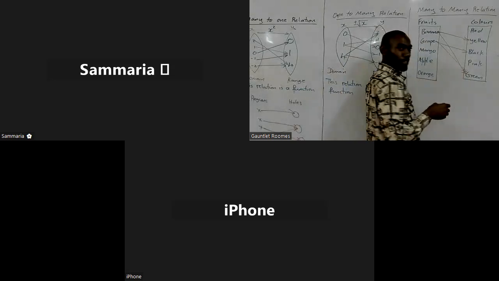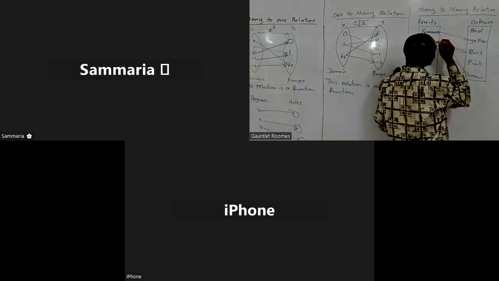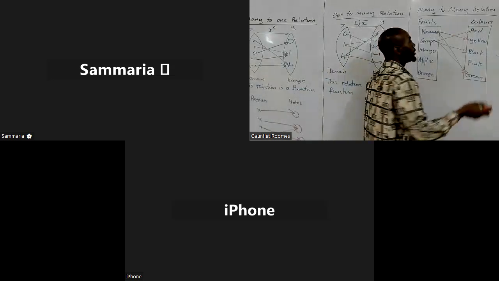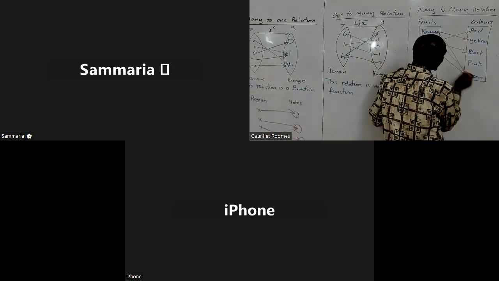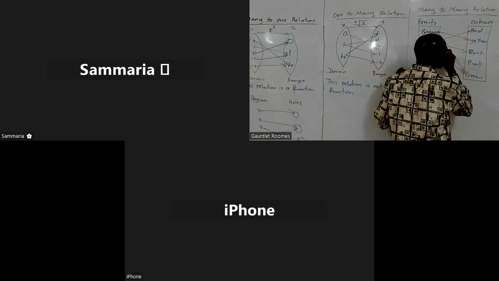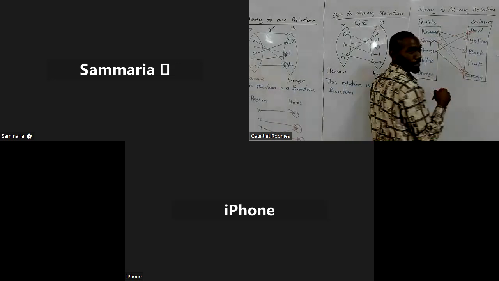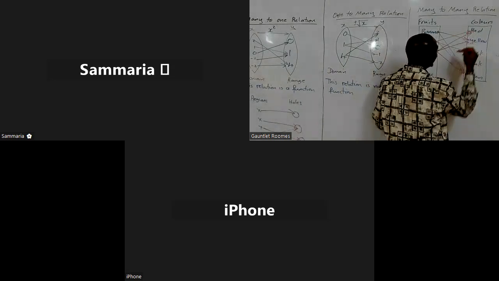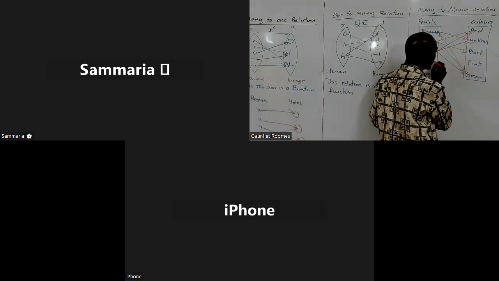All right, what about the mango? You have red grapes, is that true? How about mango? So mango can be green, it can be what? Red, and it can be yellow. How about the apple?